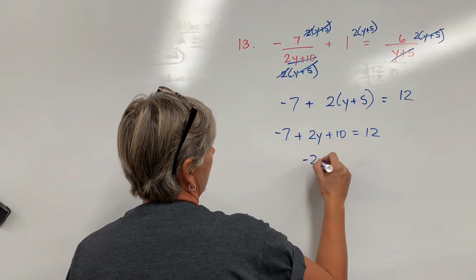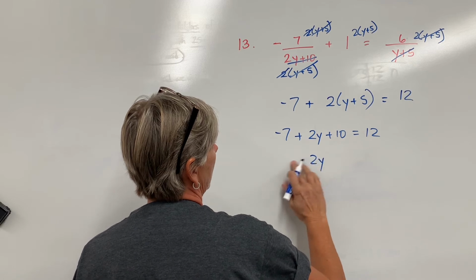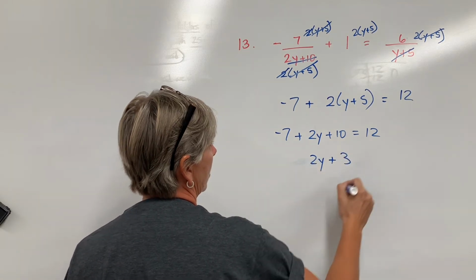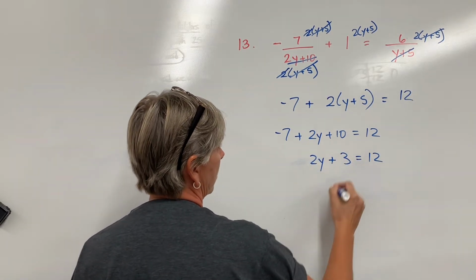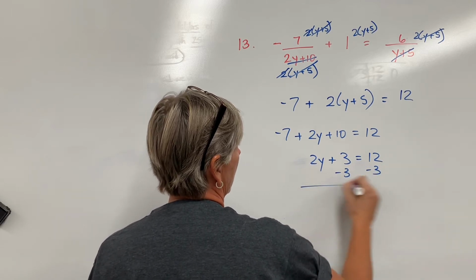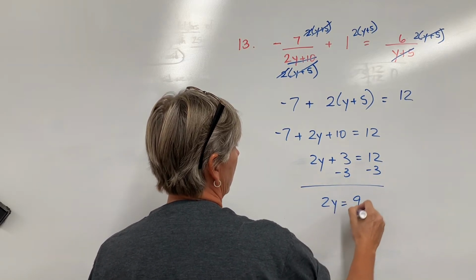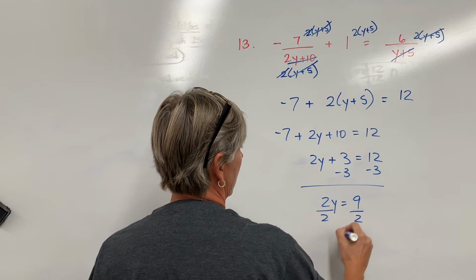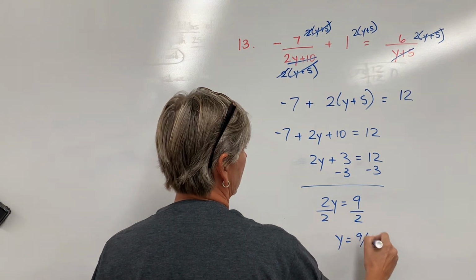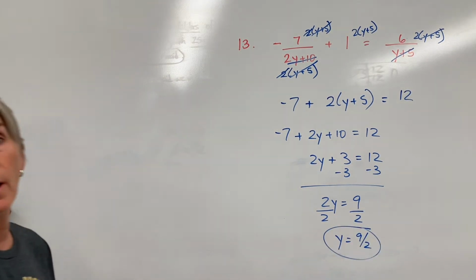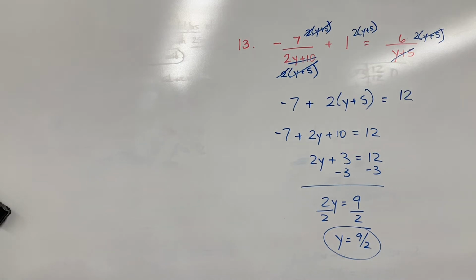Negative 7 and 10 is 3, equals 12. Minus the 3, I get 2y equals 9, divide by 2, y equals 9/2. Again, 9/2 doesn't simplify. They did not ask me to put it as a decimal, so I'm going to leave it as a fraction.